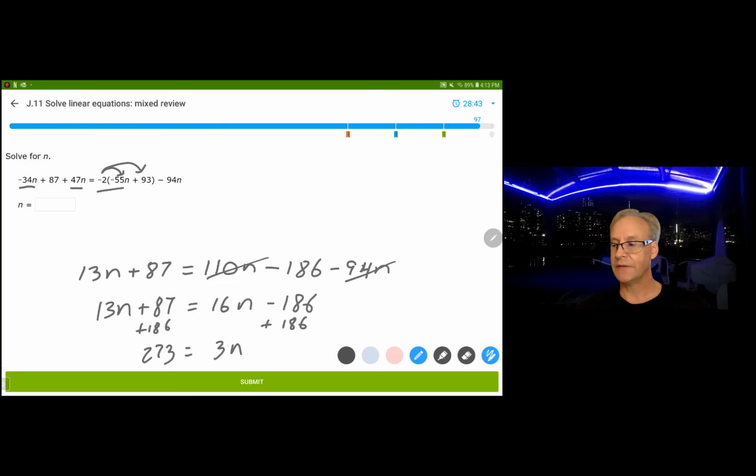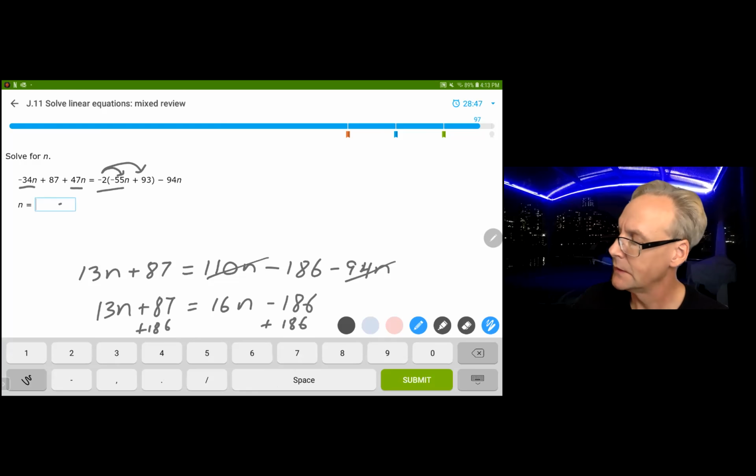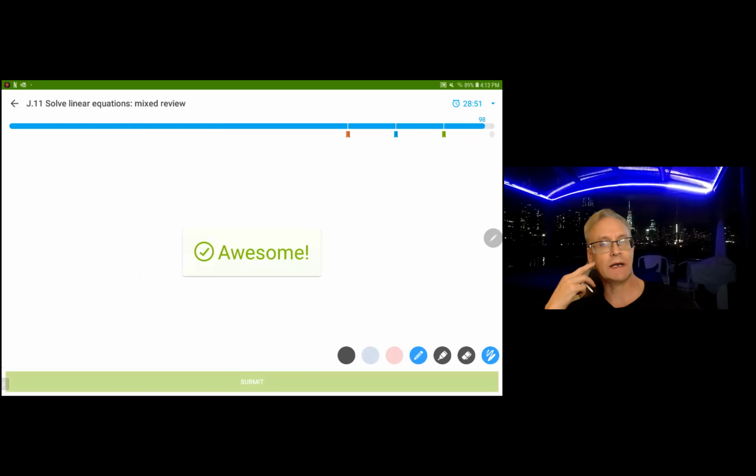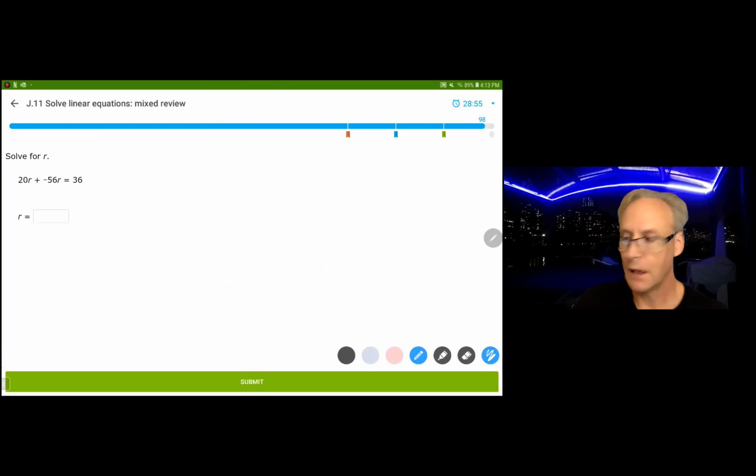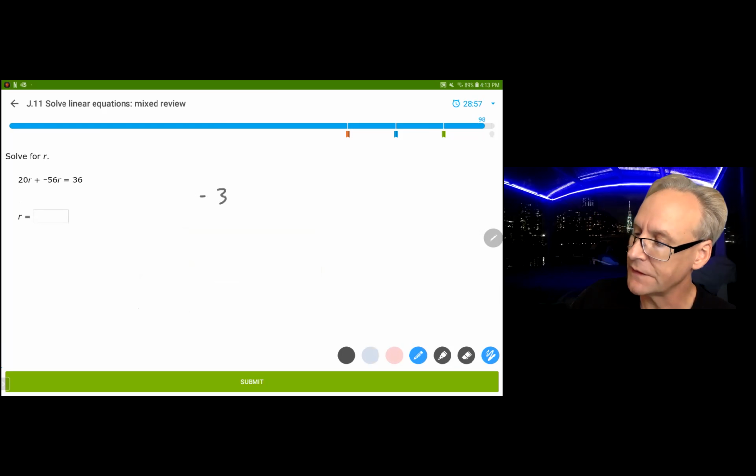And we're going to divide by 3 and get 91. So n is equal to 91. Really seriously, folks, it's a really good idea to practice your arithmetic because it's good for your brain. This is going to be -36r, sorry, I said 36r, equals 36, so r is -1.